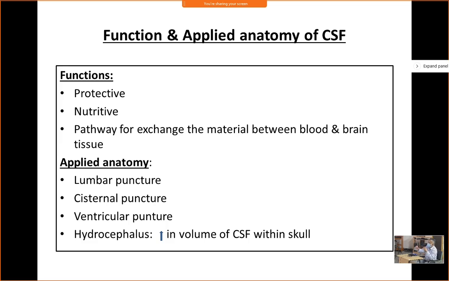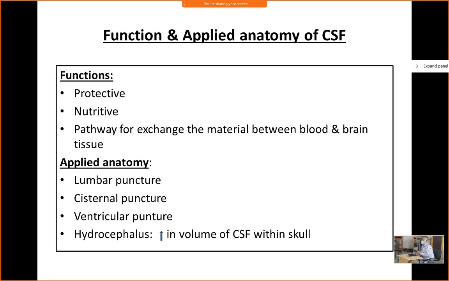Then what will we do? We do the lumbar puncture. Between two lumbar vertebrae, we penetrate a needle, which is called lumbar puncture. Then we enter the subarachnoid space, and we withdraw some amount of fluid for diagnosis purposes.